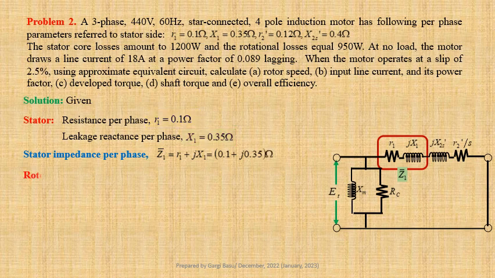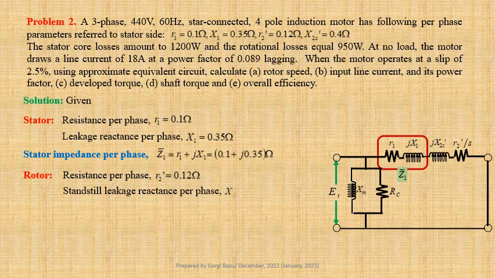For rotor winding, given resistance per phase referred to the stator, R2 dash equals to 0.12 ohm and standstill leakage reactance per phase, X2s dash equals to 0.4 ohm. For any value of slip S, rotor impedance per phase referred to the stator, Z2 dash equals to R2 dash by S plus jX2s dash.